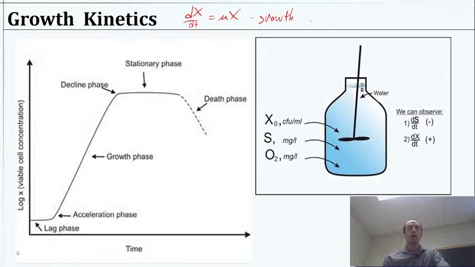But then we also have some dS/dt, the change of substrate over time that we might be interested in, and some sort of a decay equation, which we'll come back to, but that would also be dX/dt equals negative something, probably first order with respect to X.